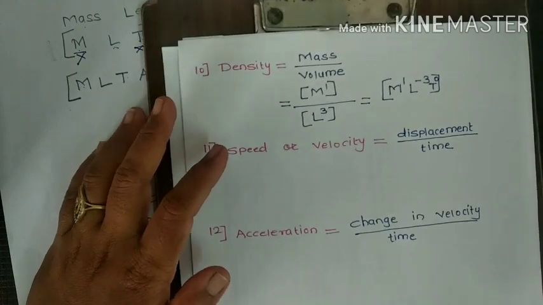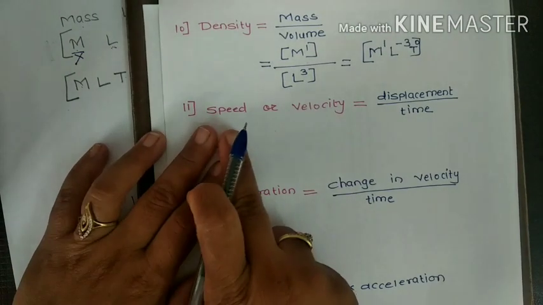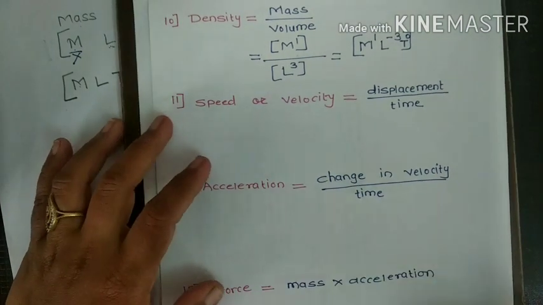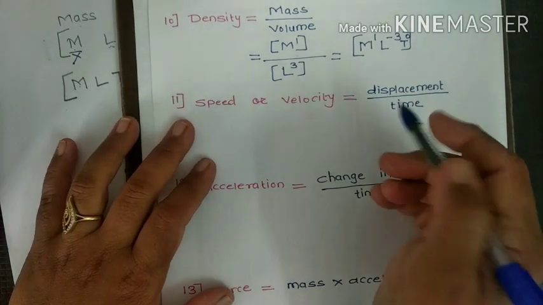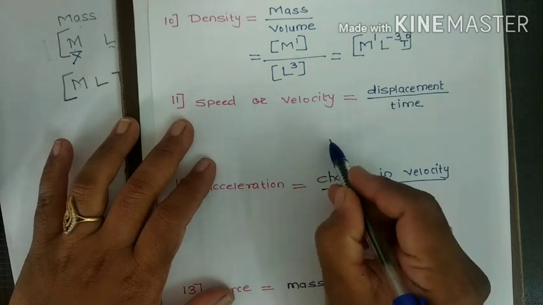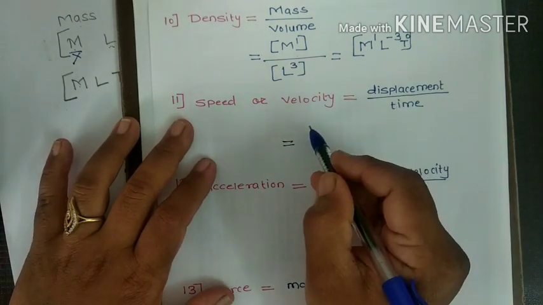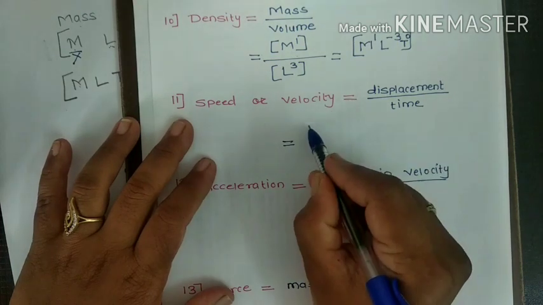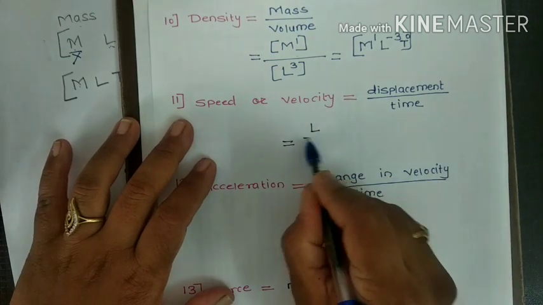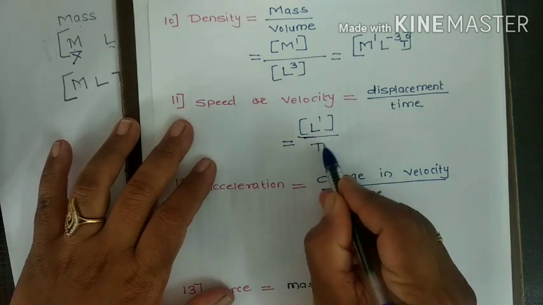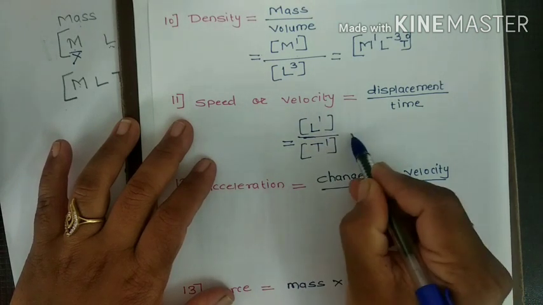That's your choice. Then dimensions of speed or velocity, that is displacement upon time. So for displacement, what are the dimensions? That is L1 upon T1 है ना.